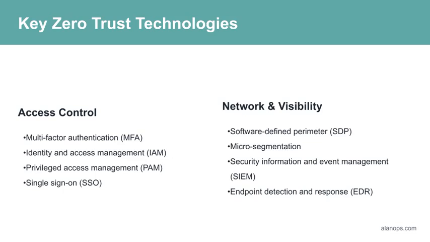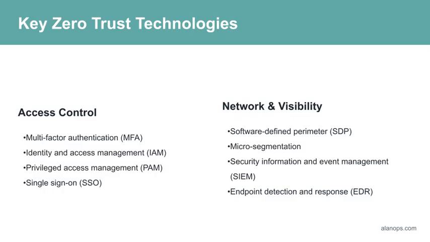If an attacker gets in, they can't roam freely. Security information and event management and endpoint detection and response. You need visibility. You can't protect what you can't see. The key point, these technologies exist. They're mature and they work together to enable zero trust.